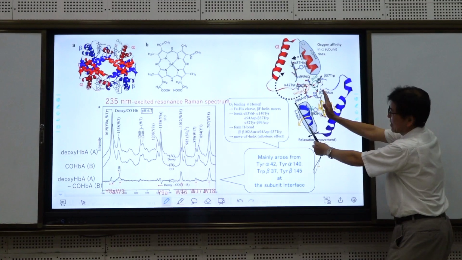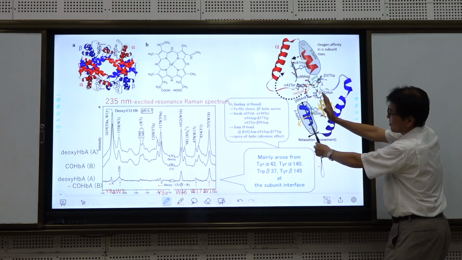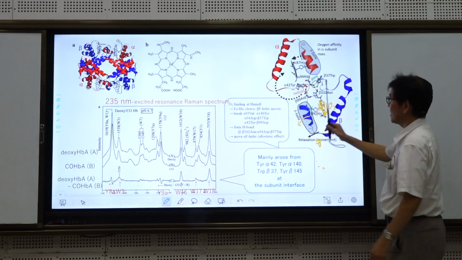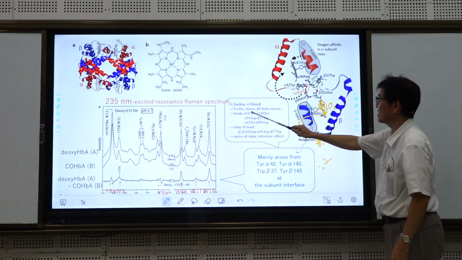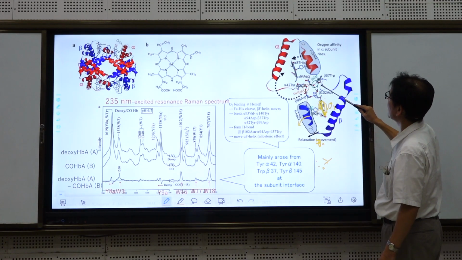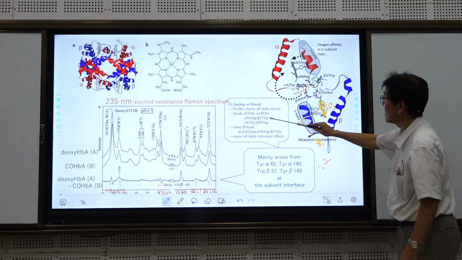This helix is bound to heme by histidine interaction. But once this is cut, it moves a little bit. Then this movement breaks the tyrosine hydrogen bonding.